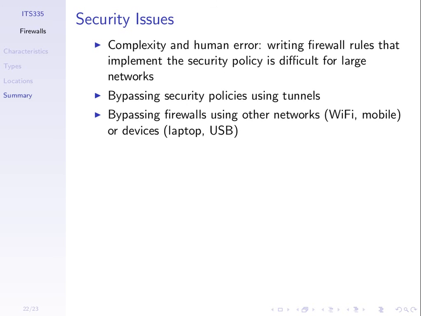Therefore, to bypass this rule that blocks email would be to create a secure shell tunnel through the firewall and send out email via this secure shell connection. So there are ways to bypass the firewalls using tunnels. And other ways is to use other network connections that don't direct the traffic through the firewall.